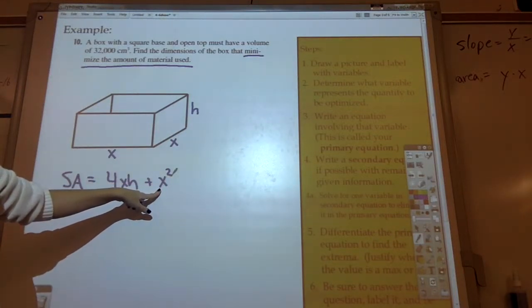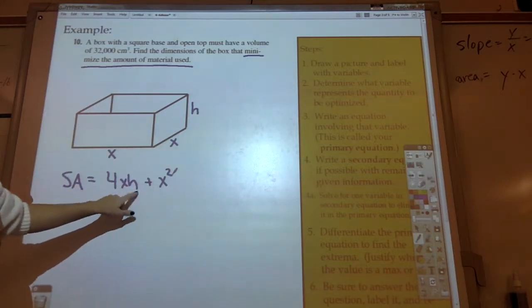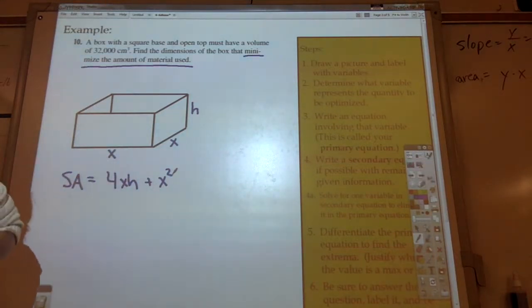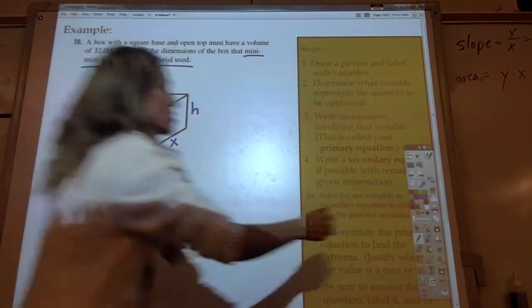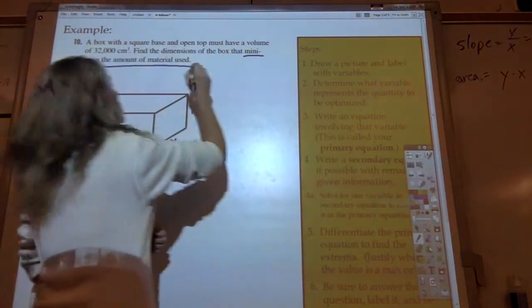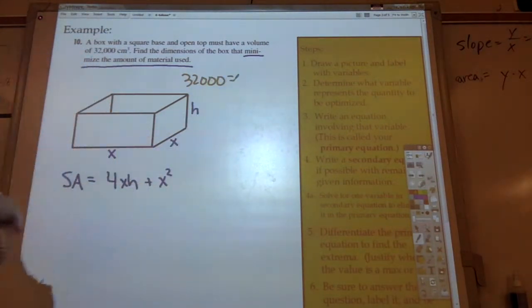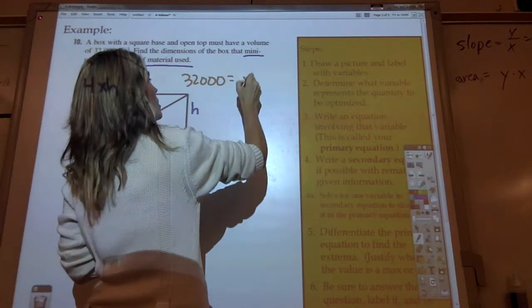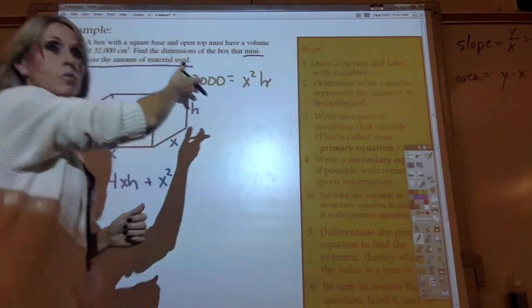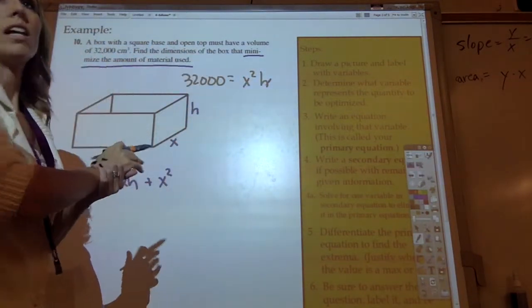But getting an H out is probably going to be easier, but maybe X, who knows. All right, so how do we use the 32,000? Good. So 32,000 equals the volume. Now you want to choose the easier variable to solve for, which would be H.